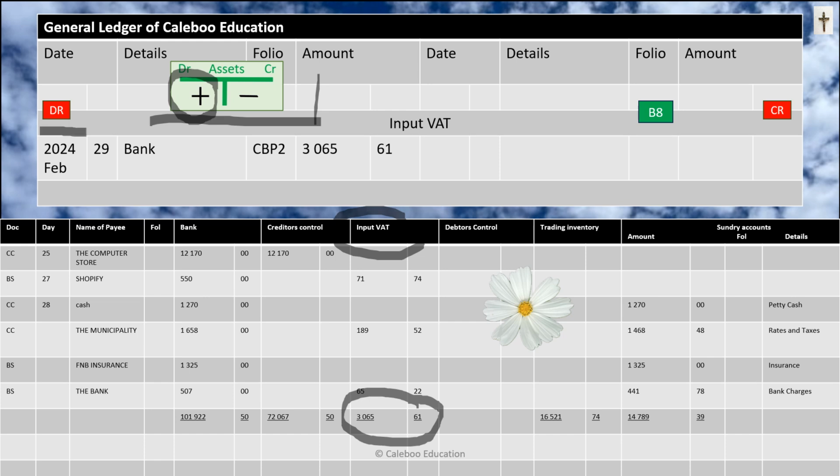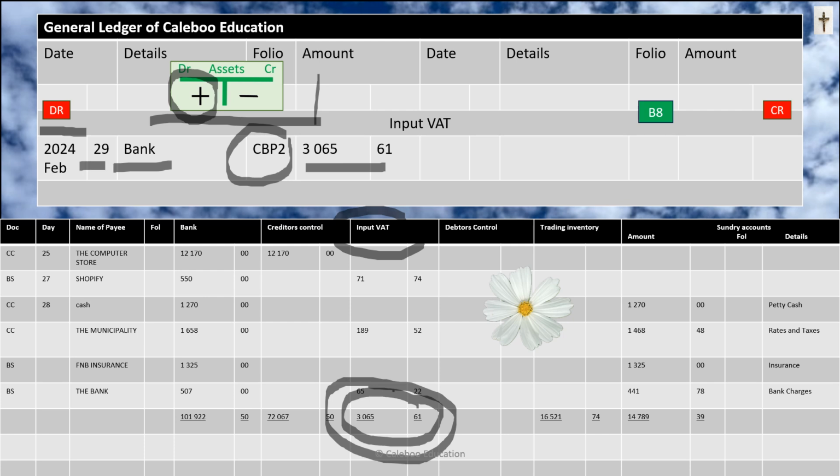We must debit the account. The value of input VAT has increased, and that amount there we take from the total in the Cashbook payments of the input VAT account, and under details the name of the contra account, and because it has its own column, we take the information on the last day of the month, 2024, February the 29th. So input VAT was debited.